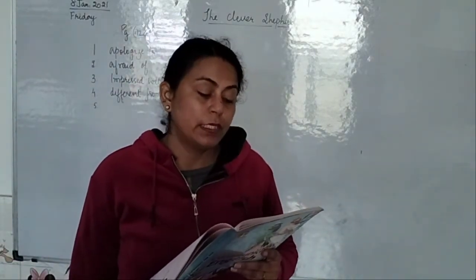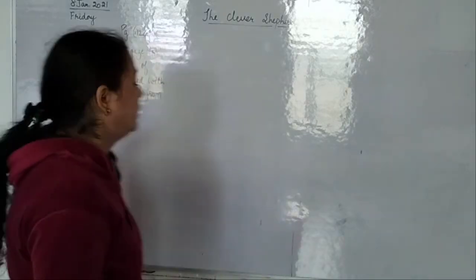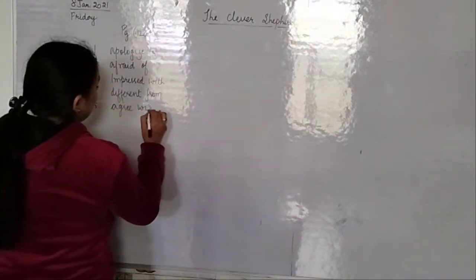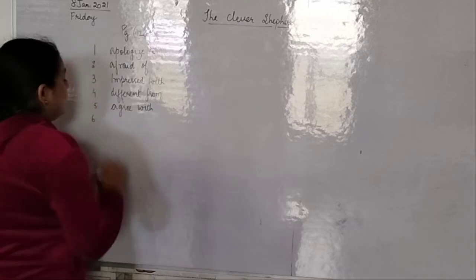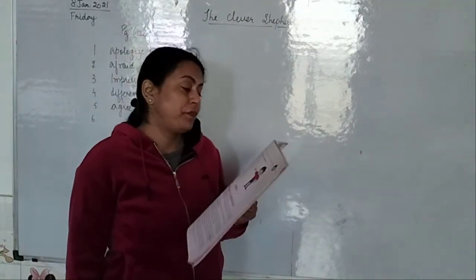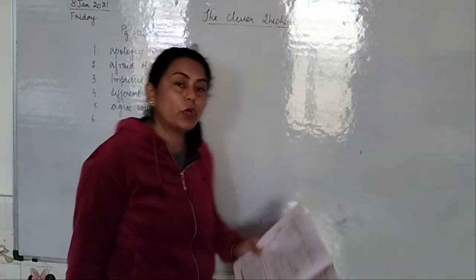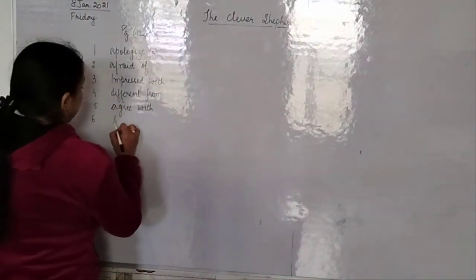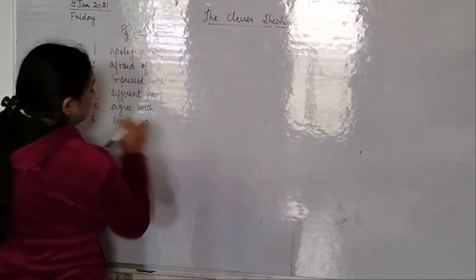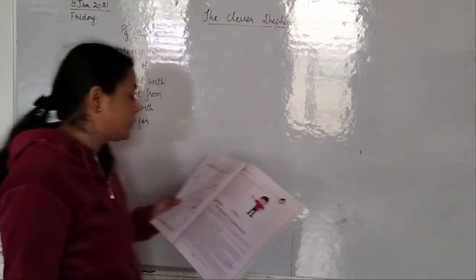The abbot didn't agree with King John. Agree with. Now the sixth one is, did soldiers dash for the abbot? Did soldiers search for the abbot? Search. So with this we have completed this part also.